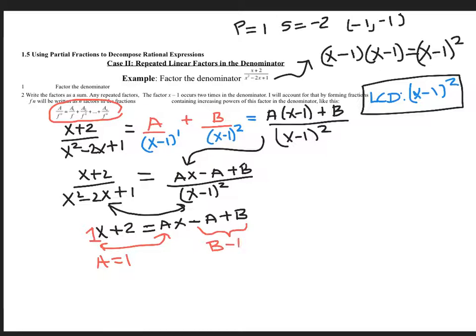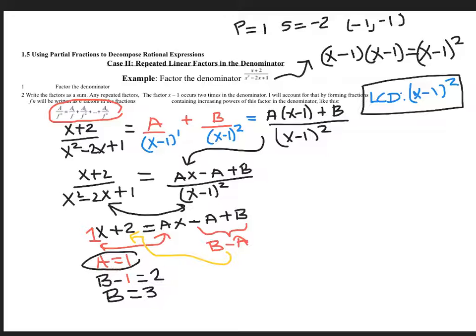I can just write it as b minus a. And all that is going to equal this value here, those two will equal 2. So that means b minus a, we know a is 1, is equal to 2. So that means b is equal to 3.